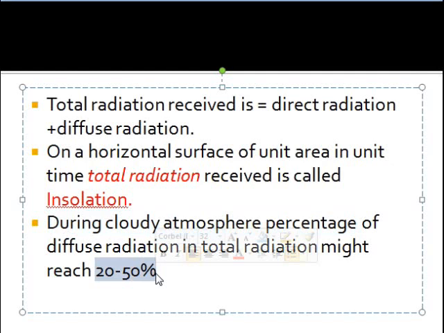That much energy will be in the form of diffused radiation, because if the sun is covered by a cloud, then there is no chance you can see the direct radiation. That is why if direct radiation is blocked, then the radiation we see is diffused radiation, and it can generally reach 20 to 50% of the total radiation.